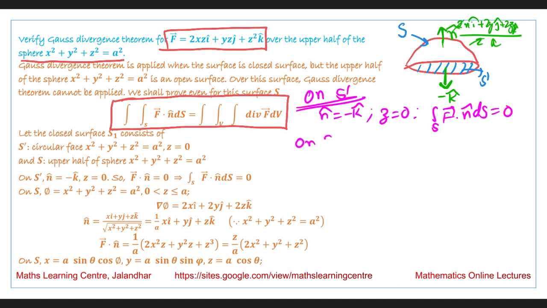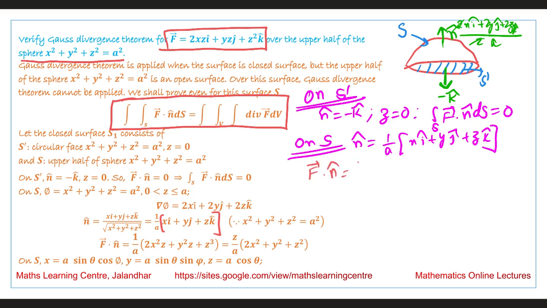On the surface S, we have n cap equal to 1 by a times x i cap plus y j cap plus z k cap. So f vector dot n cap that we obtained is 1 by a into 2x square z plus y square z plus z cube.